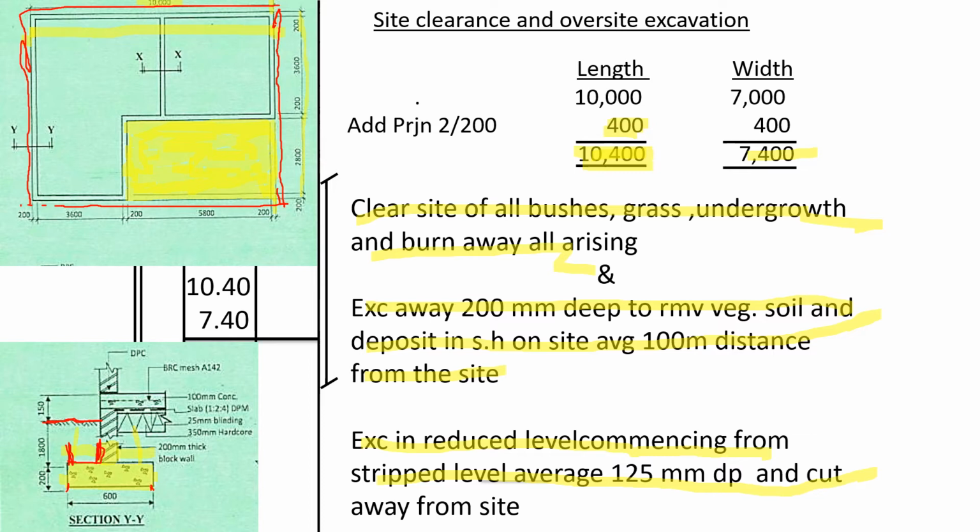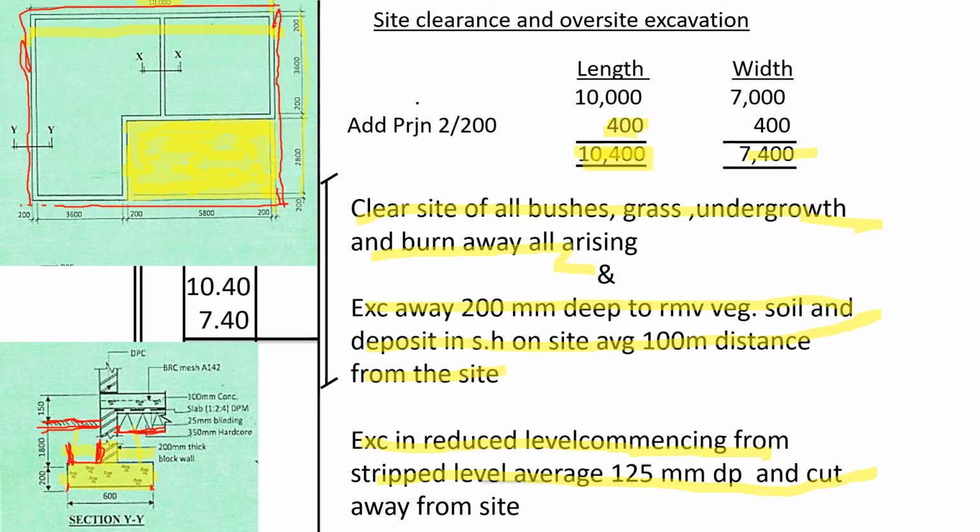No, we shall strip 200 millimeters, because in the notes we had been told vegetable soil is 200 millimeters deep. After stripping 200 millimeters deep, the whole site, we shall take this level. We still need to reduce this level up to where the hardcore will lie, because the hardcore will lie lower than the 200 mark. So what is this depth from the stripped level that we need to reduce the level?